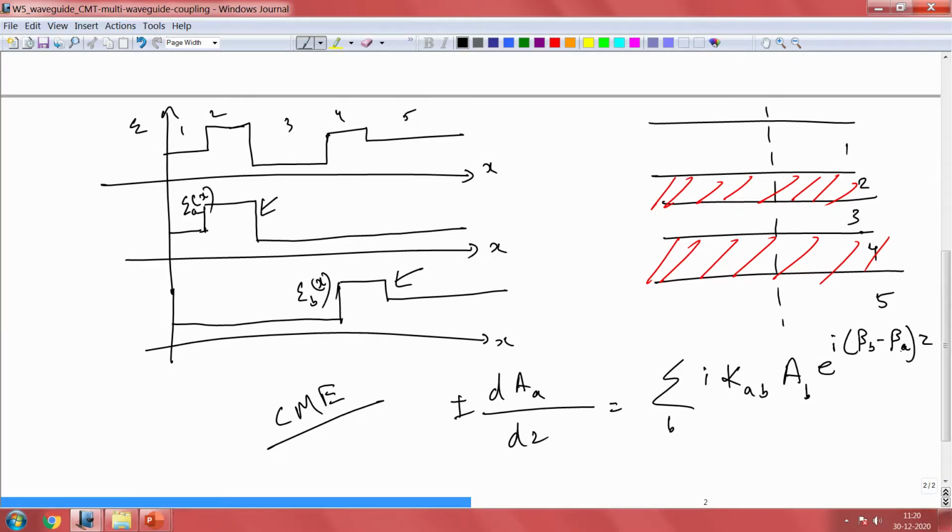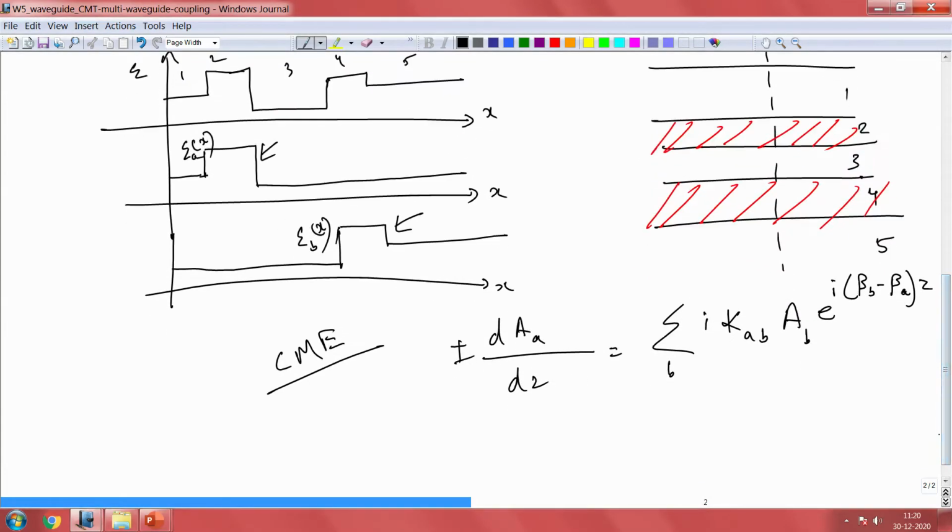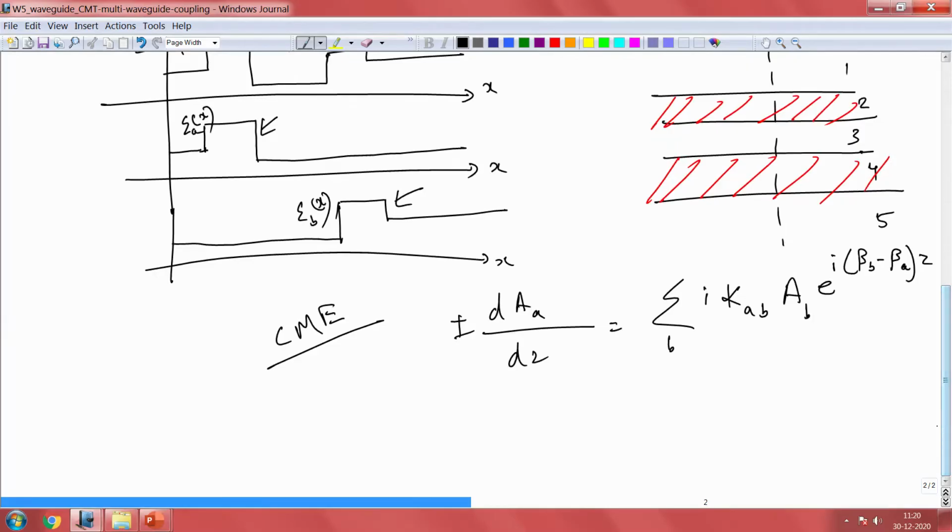Here beta_A and beta_B are the propagation constants of these two different modes. So, how much coupling do we have here? The plus and minus sign, we already know, indicates whether it is forward propagating or backward propagating.